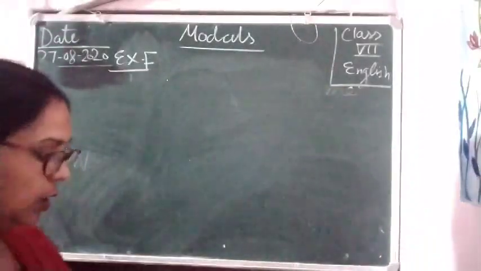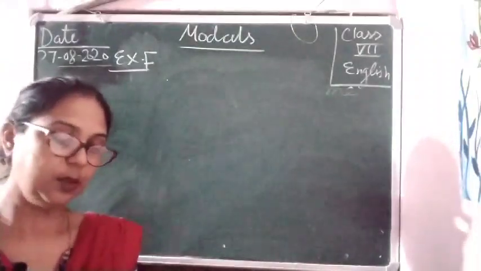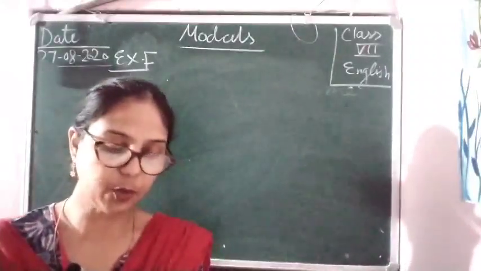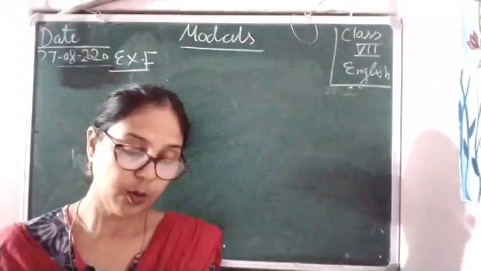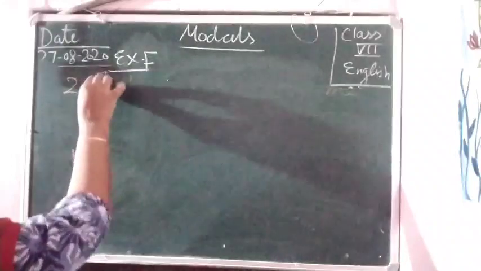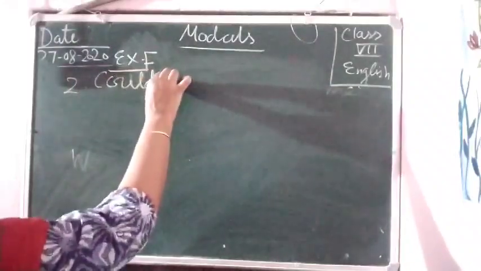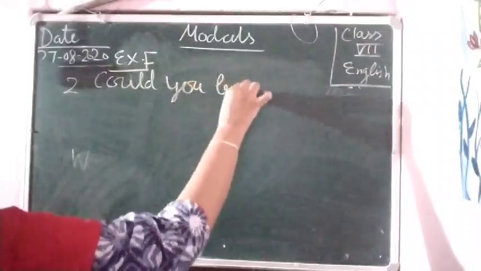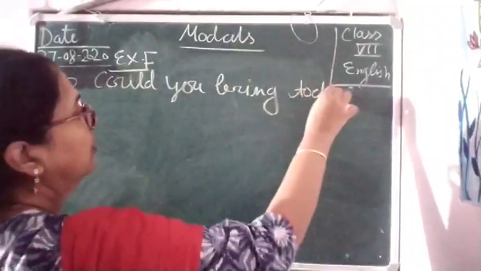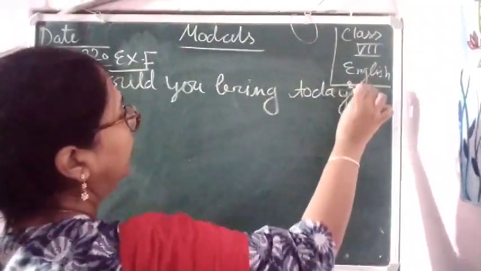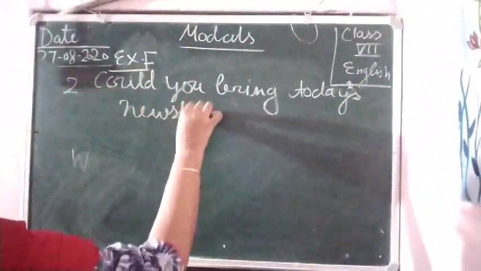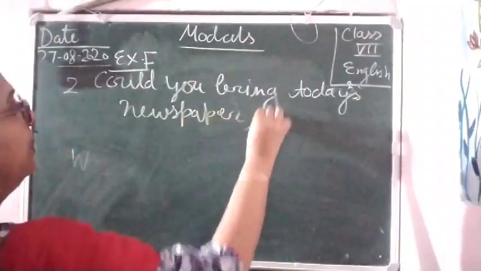Second is given, would you close all windows? Question mark. Now second is given, bring today's newspaper. So when we are using could, second we are doing, could you bring today's newspaper, please.